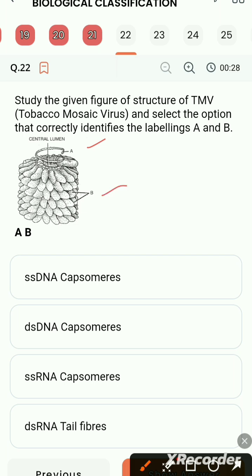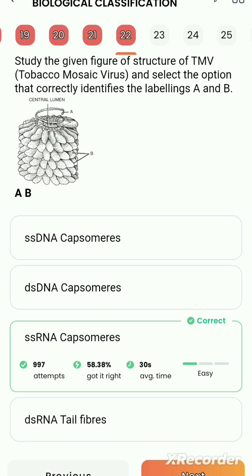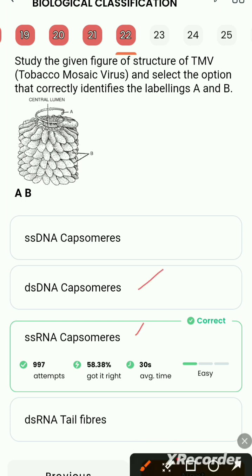You all know the viruses on the outer side are filled with capsomeres. So obviously B is capsomere, right? So B is capsomere, and in the options mostly these three have B as capsomere. And you all know the genetic material is single stranded RNA. So option C is the correct answer.